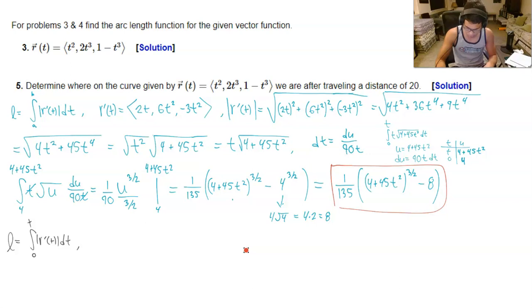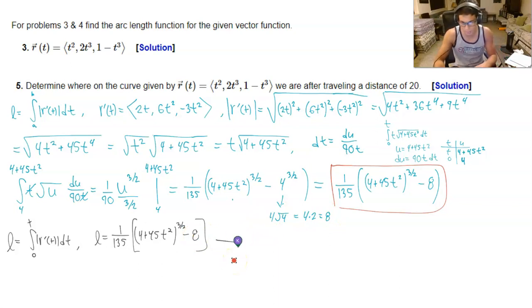Okay, so with this relationship, we can use the fact that length is equal to 1 over 135 times (4 plus 45t squared) to the 3/2, minus 8. So we can use that relationship, right? That's what we have. But then we want to know what t is.